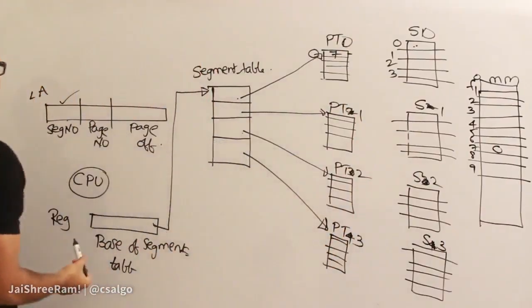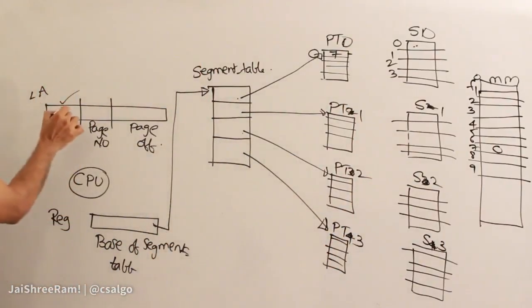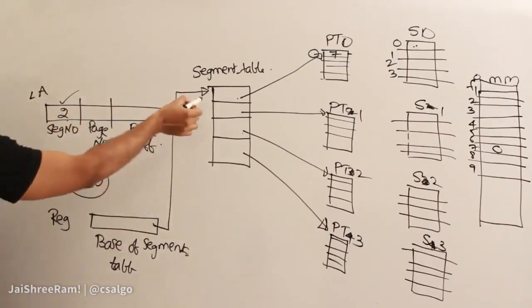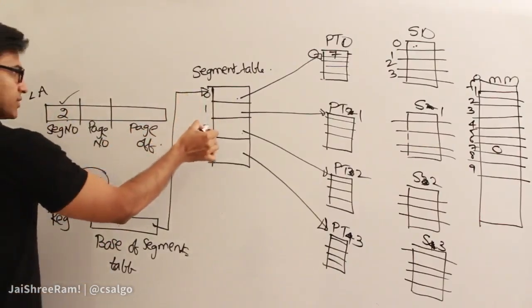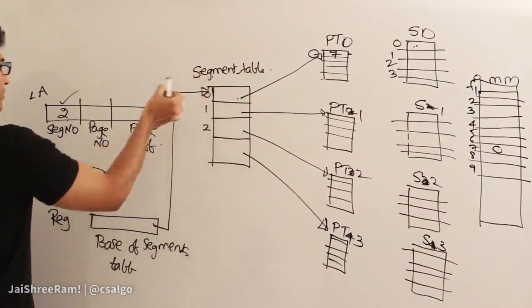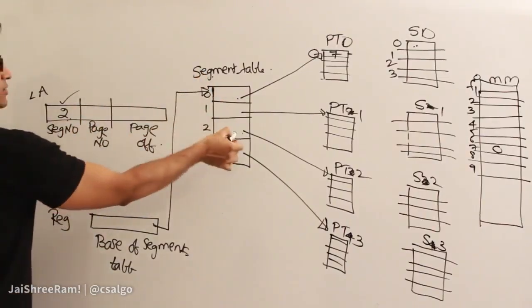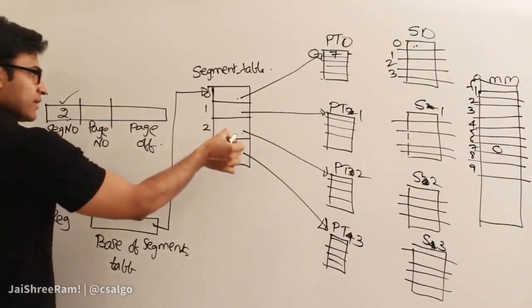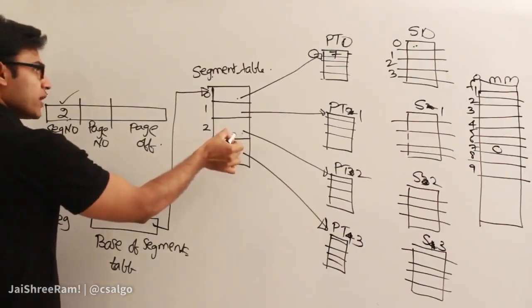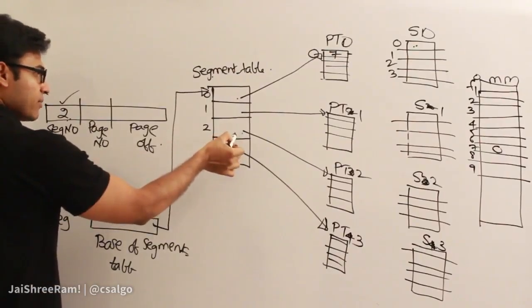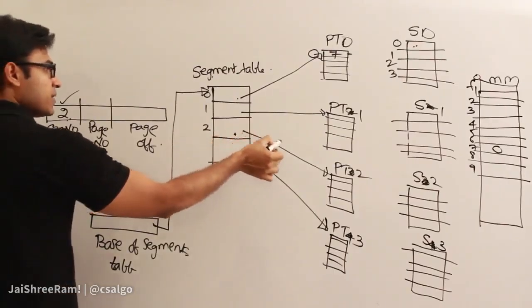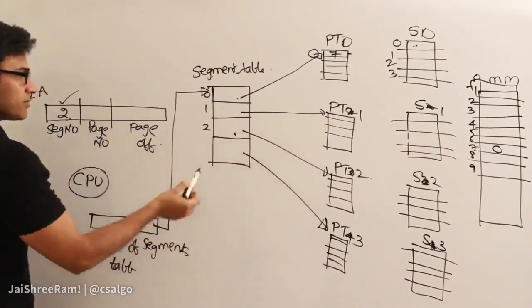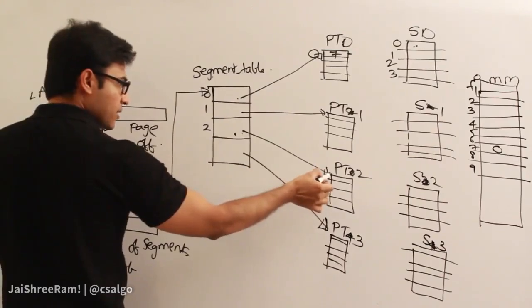Let us say the segment number is 2. To the base, when I add this number, I get into the corresponding entry, and this entry will contain the base of the frame, or the frame number, in which the corresponding page table of segment 2 is loaded, which means this entry will point to the starting of a page table.